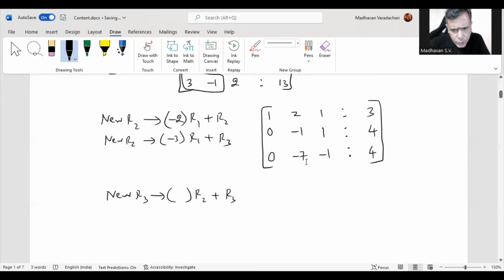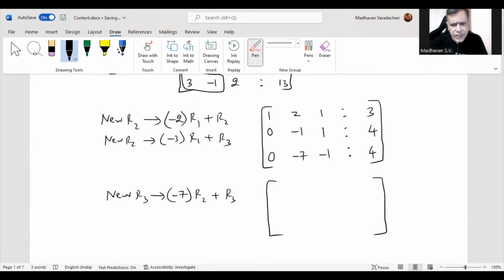Now I want this to be 0. So what should I do? Here there is a minus 1. If I multiply this by minus 7, it becomes positive 7, then I can add. So I'll put minus 7. Why? Because minus 7 into minus 1 becomes positive 7. Plus minus 7, it becomes 0. So the same logic will be applied to all the elements of that row.